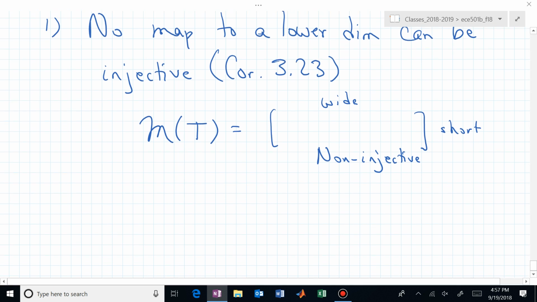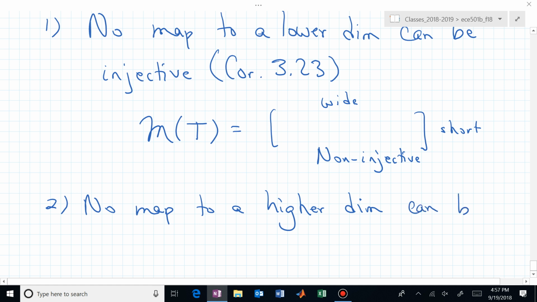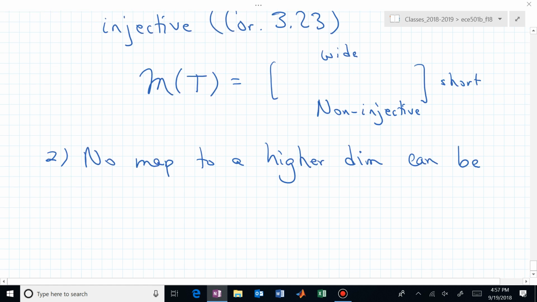We also have the counterpart relative to being surjective. No map to a higher dimension can be surjective.